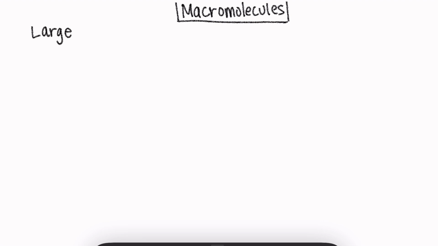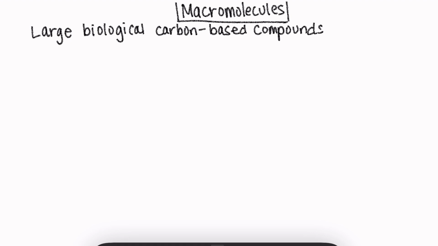They are large biological compounds based on carbon, and they are what make up your body. They also do all the work inside of you. There are four different kinds of macromolecules that make up all the different organic parts of you. And when I say organic, I mean formed by carbon.